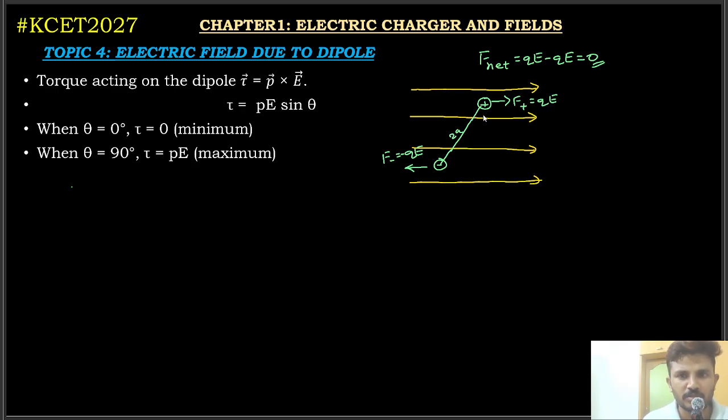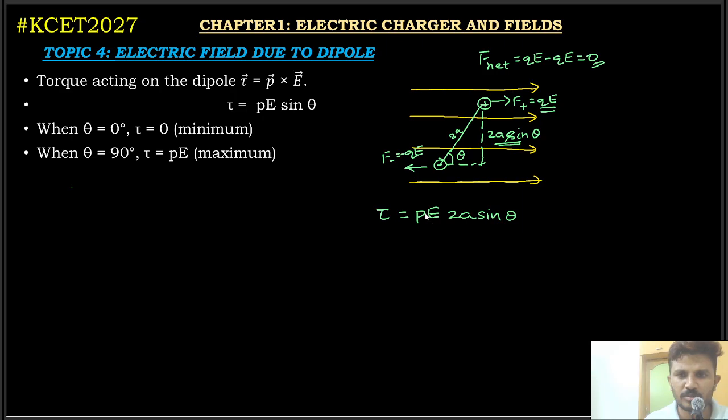But what about torque? If we consider here the perpendicular and this is the base, this is theta, this perpendicular will be 2a sin theta and the base will be 2a cos theta. So this perpendicular into force QE will give you the torque. So torque is equal to force times perpendicular distance, 2a sin theta.